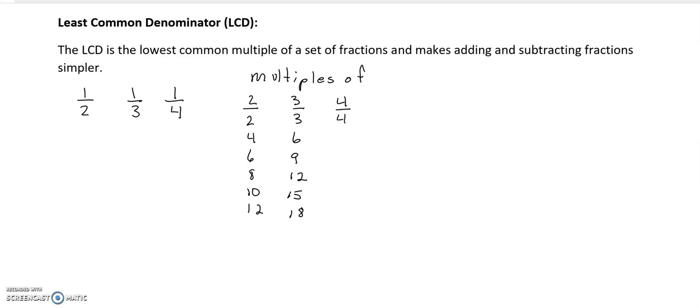And by fours, I get 4, 8, 12, 16, 20, 24. We can see that the least common denominator, or LCD, for these three fractions would be 12, because 12 is a common multiple of all of the denominators, and it is the smallest one.